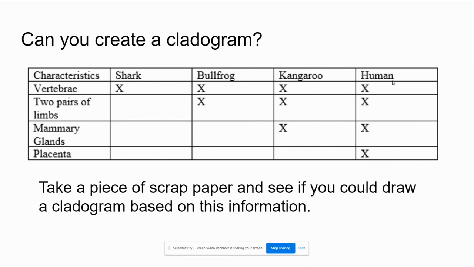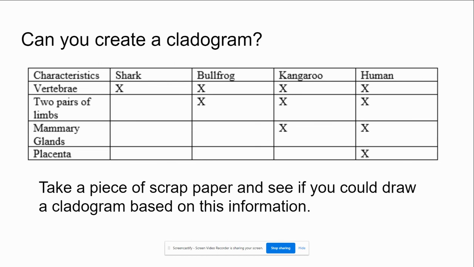And they all have vertebra. The shark does not have two pairs of limbs. Only these three do. Bullfrogs don't have mammary glands. Only the kangaroo and the human. And then humans are the only one that has a placenta. And that's why you have a belly button. Your umbilical cord ran from your belly button to your mom's placenta.